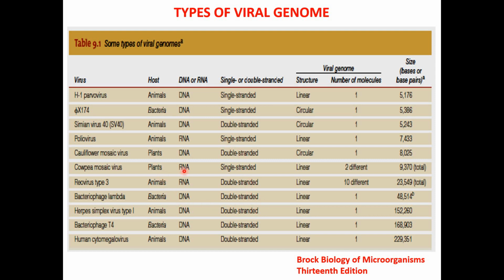Similarly, you can find plant viruses also. Cauliflower mosaic virus is a double-stranded plant DNA virus. Cowpea mosaic virus is a single-stranded RNA virus. There are similarly some double-stranded RNA viruses which infect the plants, animals, and bacteria also.